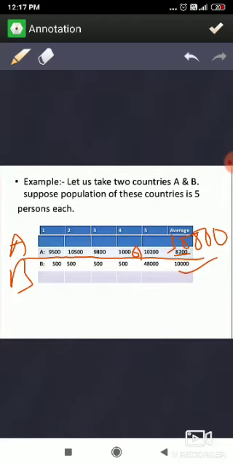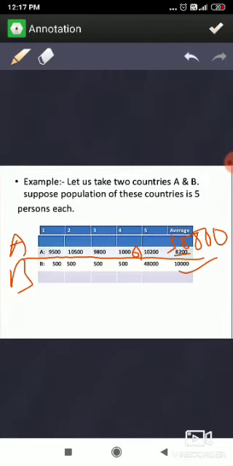Country A and country B both have 10,000 as an average income, but while observing this we find that country A has similar incomes. There is no huge gap among the incomes of the people of the country, but in country B we have a huge difference in the income.